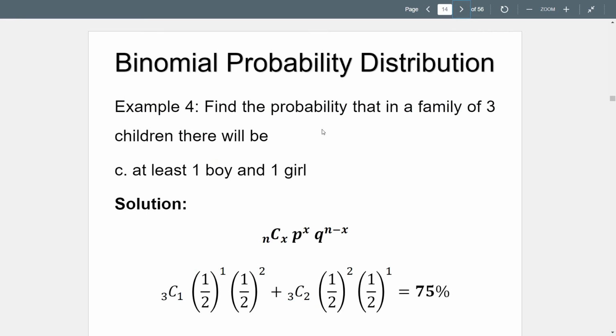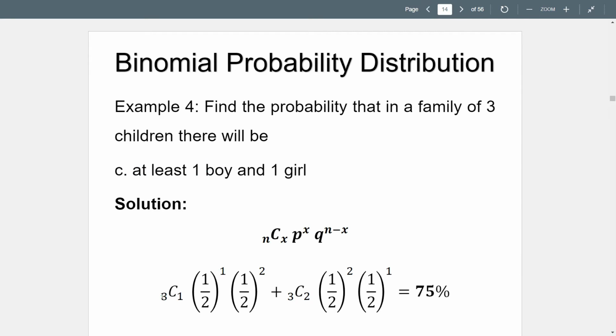Okay, then at least one boy and one girl. For this particular problem, at least one boy, so 1 boy and 2 girls, or 2 boys and 1 girl. Let us consider first the 1 boy, 2 girls.